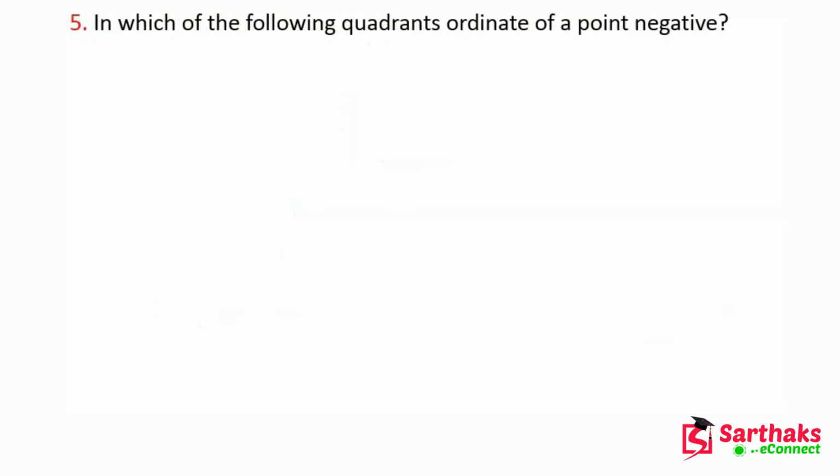Question number 5 is, in which of the following quadrants is the ordinate of a point negative? Now we have to tell where the ordinate is negative. We have to find the quadrants in which the ordinate of a point is negative. So now again let's draw the Cartesian plane. Again, this is the Cartesian plane.